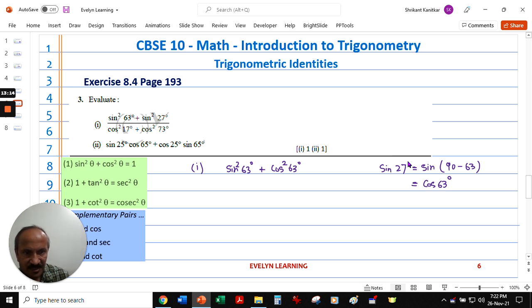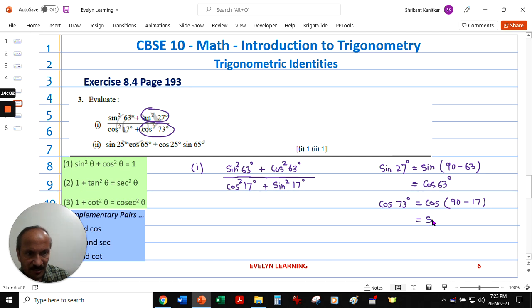So the first problem here says: sin square 63 degrees plus sin square 27 degrees, whole divided by cos square 17 degrees plus cos square 73 degrees, and the problem says evaluate. Evaluate meaning find the value of. We have to find the value of this expression.